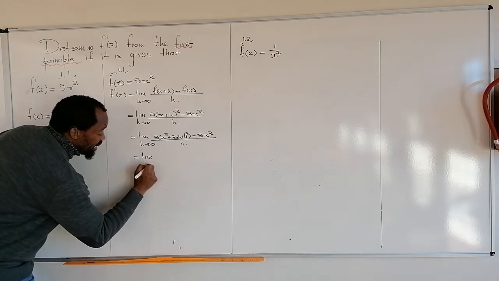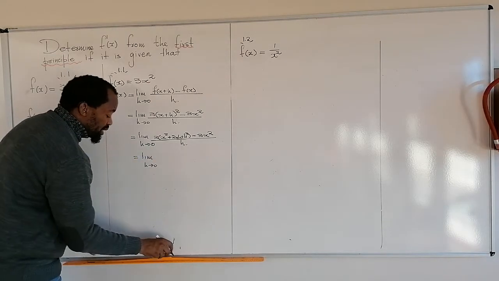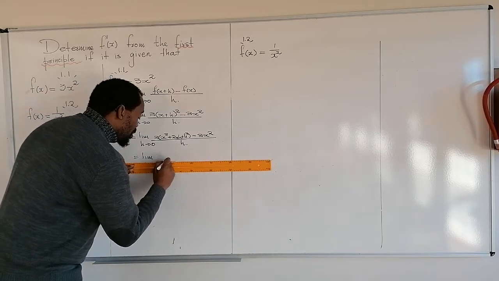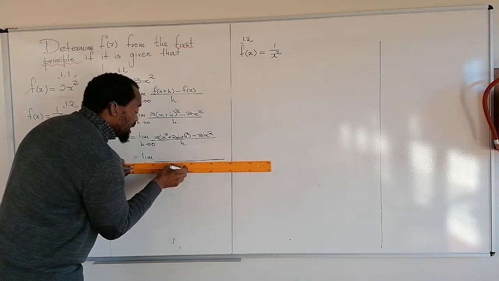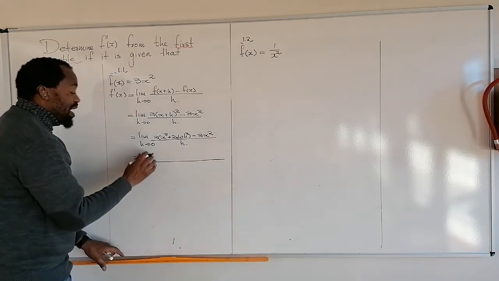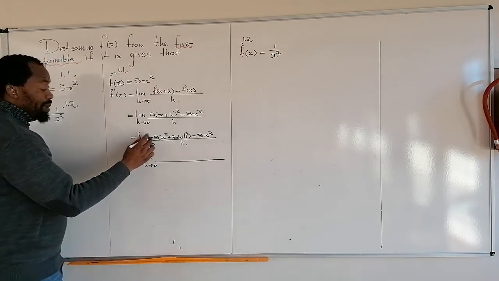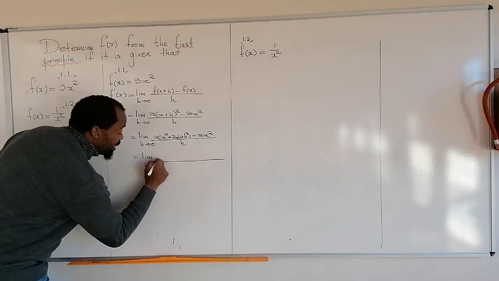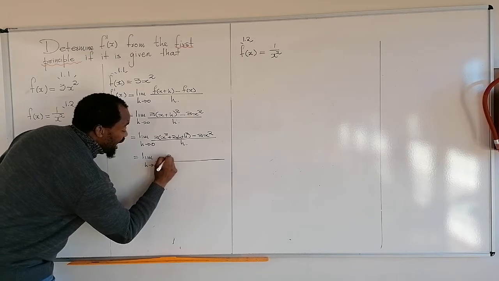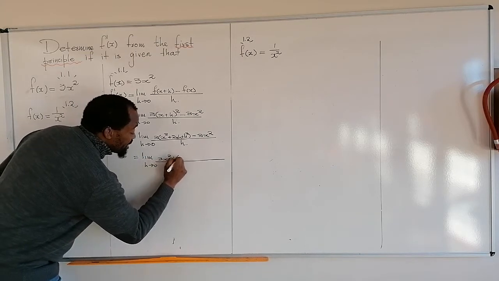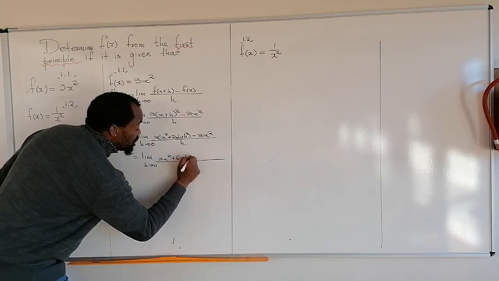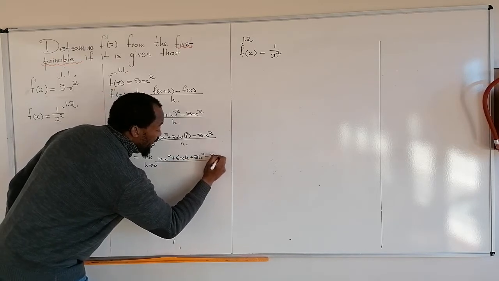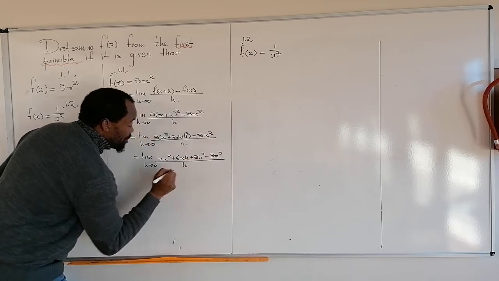We are limiting h because we still have got the denominator there. Now, because we are still having brackets, we must remove the brackets by multiplying. Multiplying this by 3, it will be 3x squared plus 6xh plus 3h squared minus 3x squared divided by h.